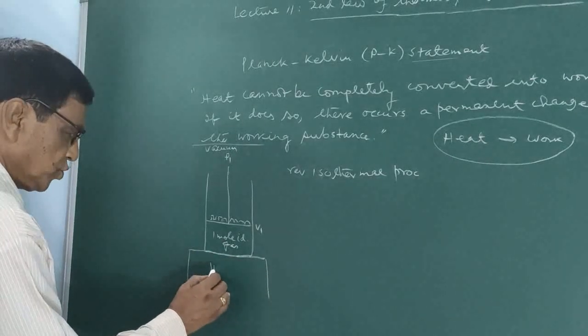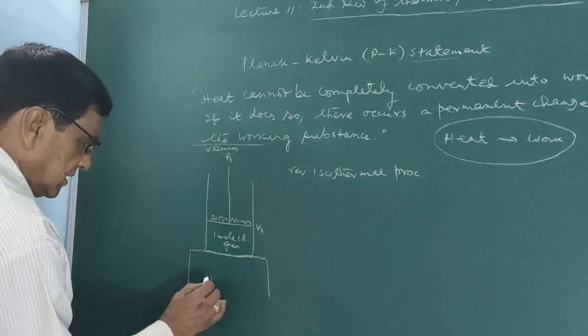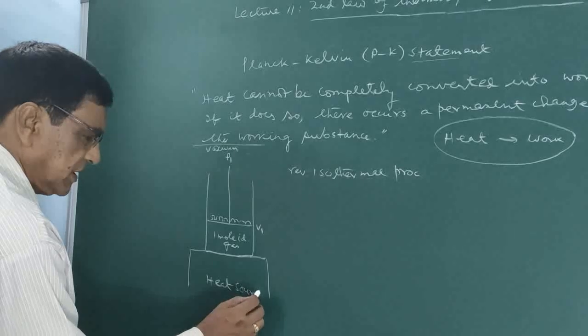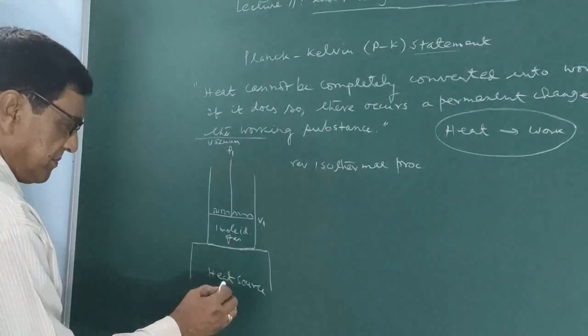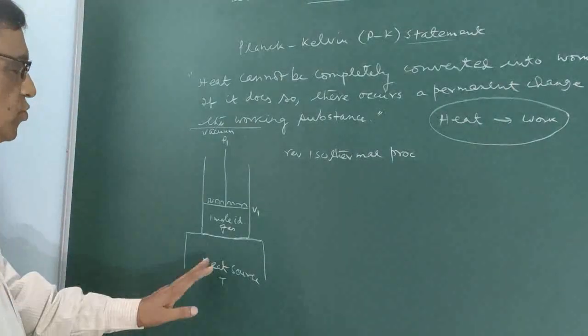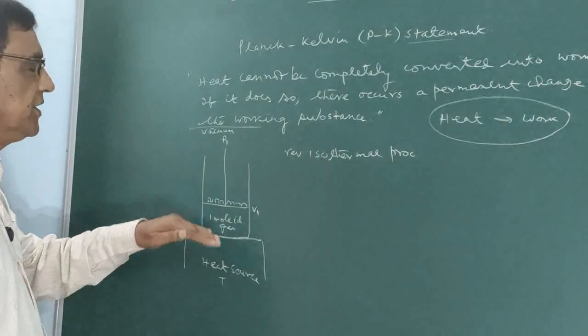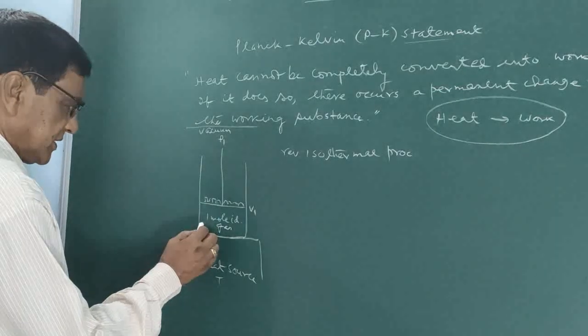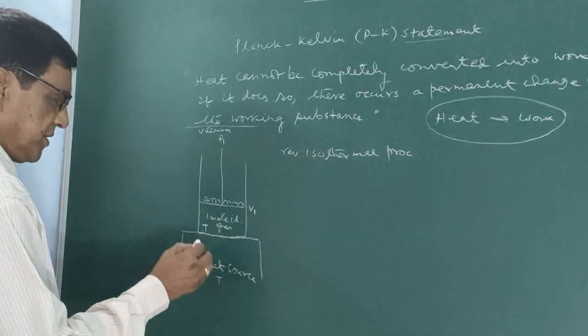Here is the heat source at the temperature T, and this will supply the heat to this 1 mole of ideal gas, and its temperature is also T, the same temperature.